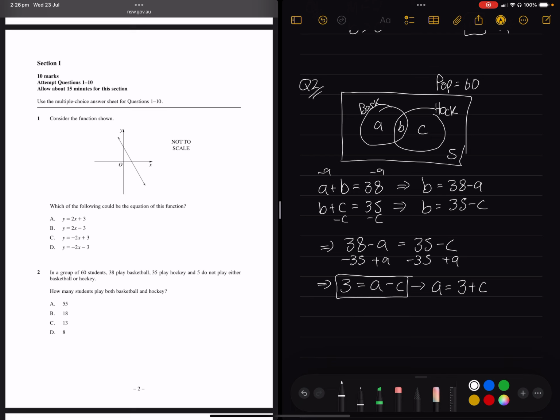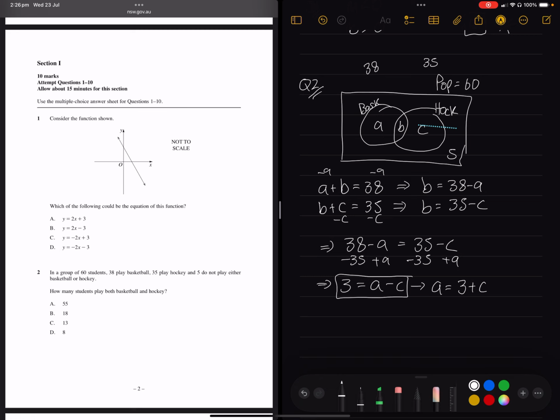Right? This is useful information to us. We also have equations in both A and C which are rearrangeable for B if we wanted to use them. So the total in basketball was 38 for A and B, the number in hockey was 35. We now know that the difference between A and C is 3.